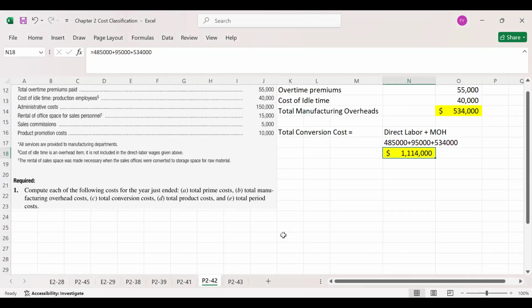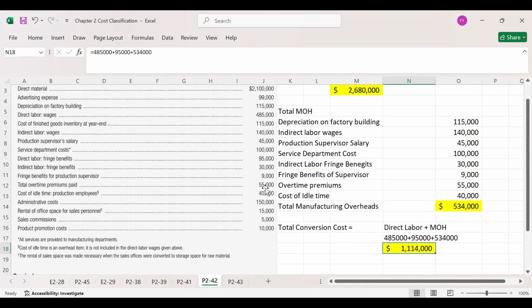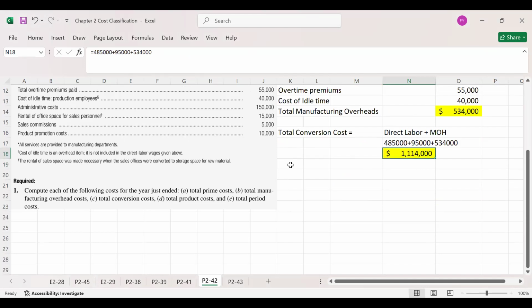The next requirement is the calculation of total product cost and total period cost. So product cost, manufacturing cost, or factory cost are the same.